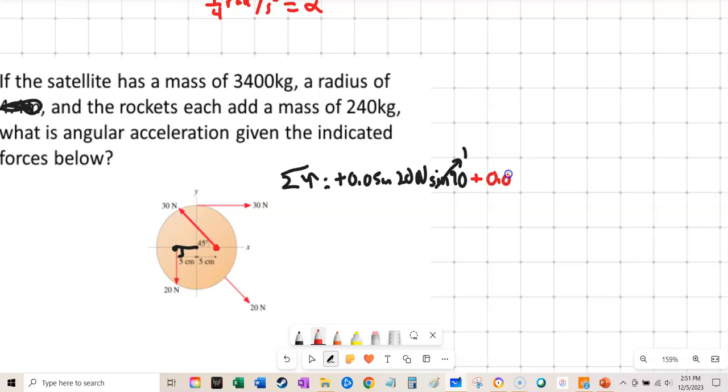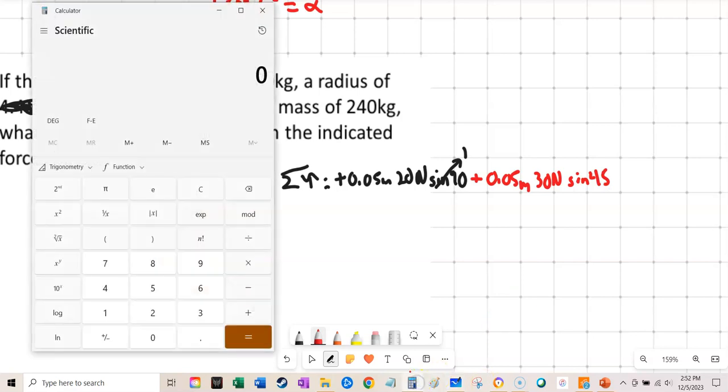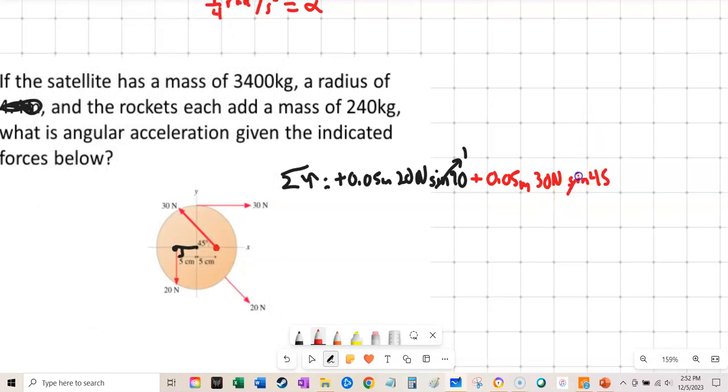It's also located 5 centimeters away, and it's 30 newtons of force, and it's at 45 degrees, so that's going to be the sine of 45 degrees. Let's just do that real quick while we're here. Figure out what 45 degrees is. Take the sine of that. 0.707.